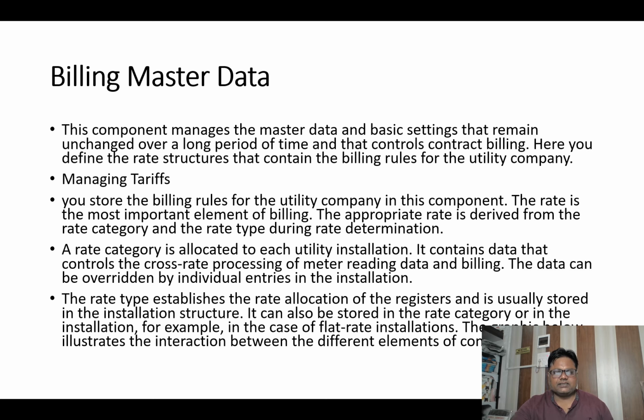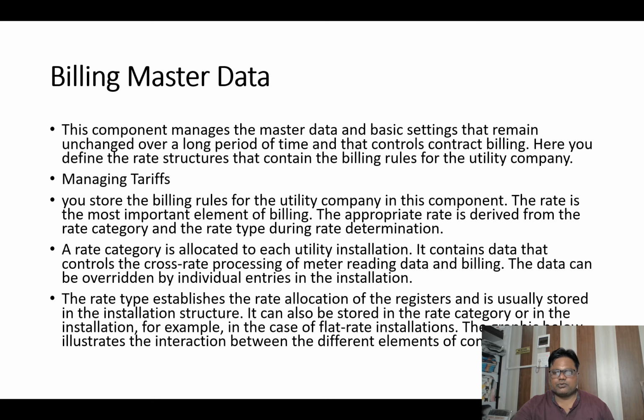A rate category is allocated to each utility installation. It contains data that controls the cross-rate processing of meter reading data and billing. The data can be overridden by individual entries in the installation. The rate type establishes the rate allocation of the registers and is usually stored in the installation structure.